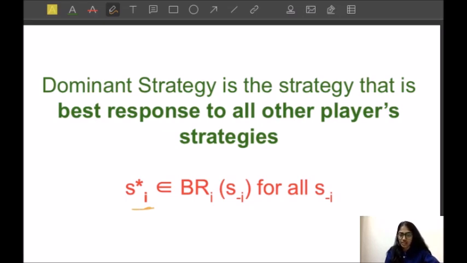So Si star, that is a particular strategy chosen by the ith player, if it is the best response to all other players' strategies, then Si star is called the dominant strategy of the game. Here minus i represents the strategies of all other players except the player i. So Si star is the dominant strategy, that is the best response to the strategies of all other players.